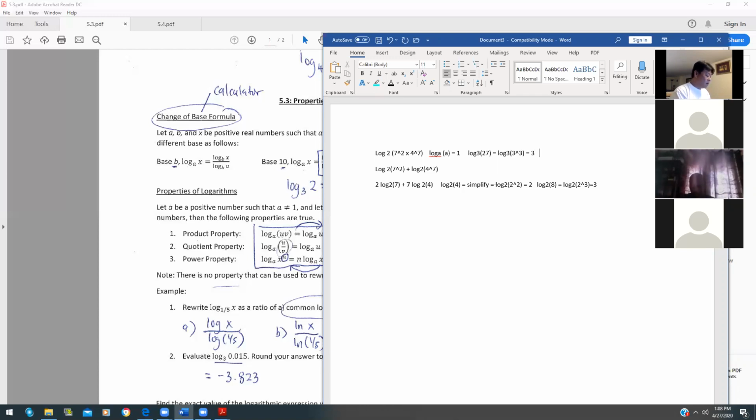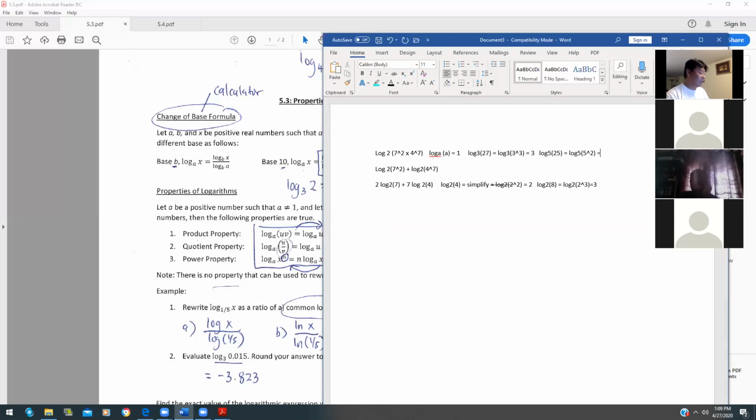Give you one more. Log 5 25. Anyone know what log 5 25 is? So change 25 to base 5. 25 is 5 to the power of what? 25 is 5 to the power of 2.